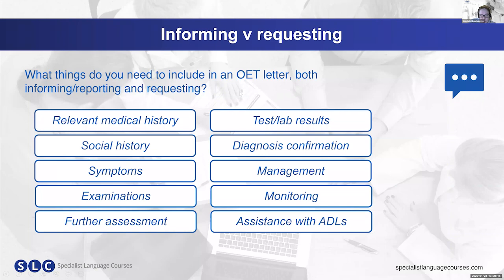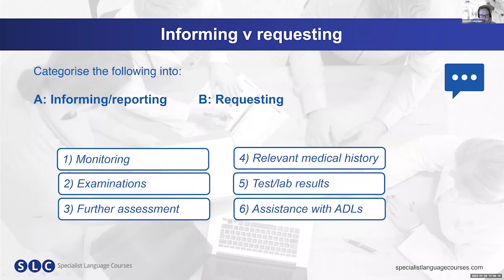So I've got some here. I've got monitoring, examinations, further assessment, relevant medical history, test and lab results, and assistance with ADLs. Let me know in the chat box which numbers, 1, 2, 3, 4, 5, 6, are A, informing or reporting, and which numbers are B, requesting. Let me know what you think.